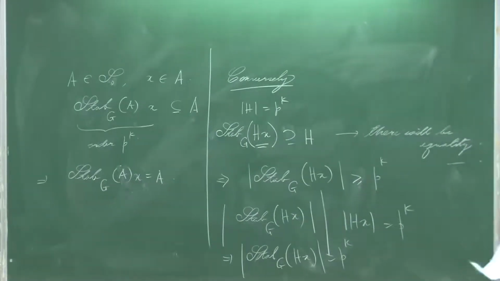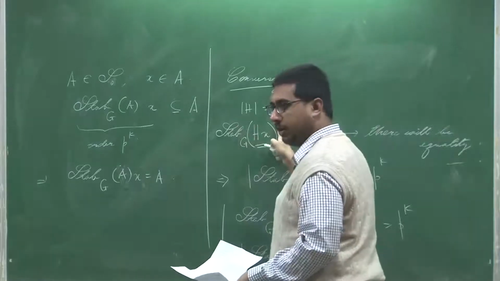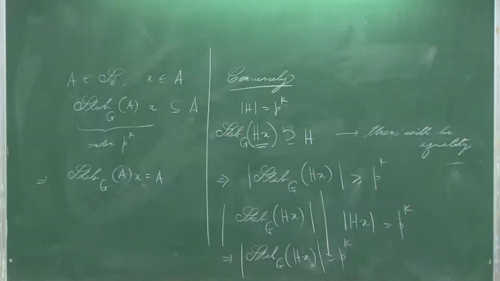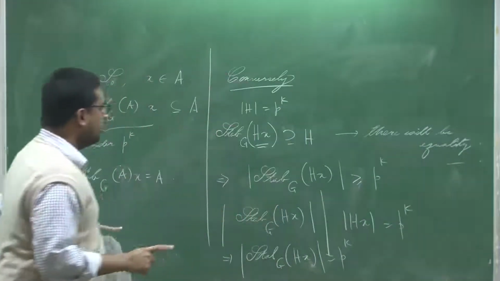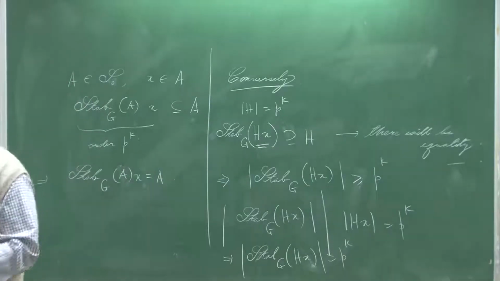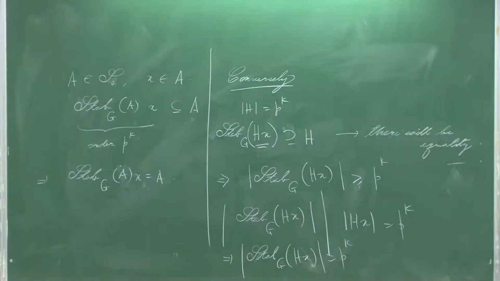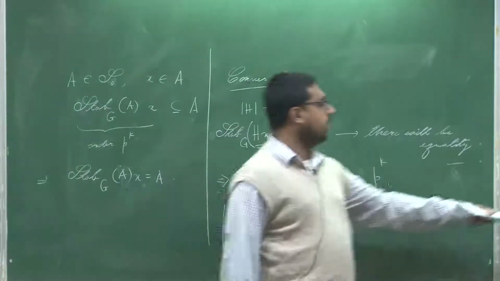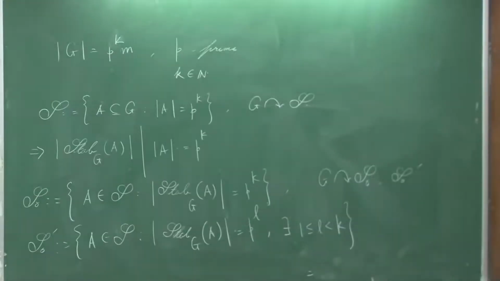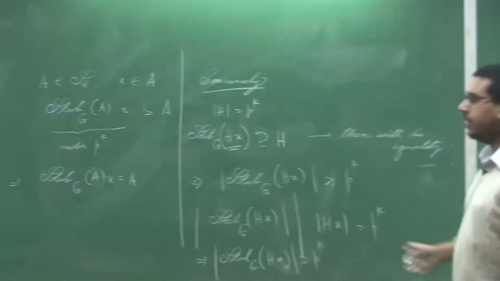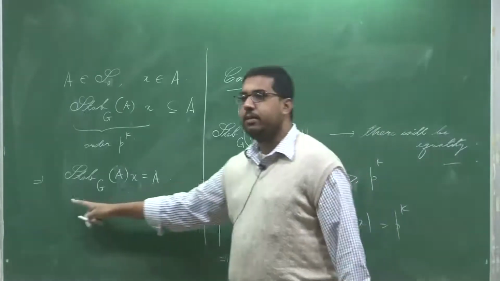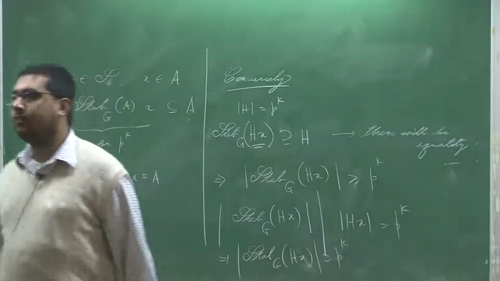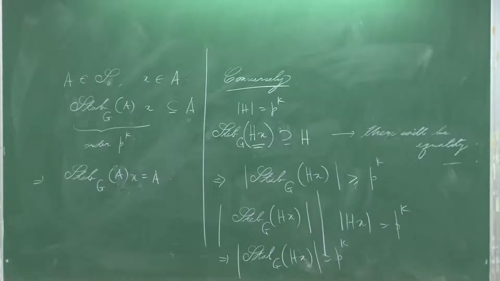So, what we have proved is that if H has order p to the power k, then every right coset of H lies in S naught. Let me summarize this. Whenever a subgroup of order p to the power k is given to us, any right coset is going to be inside S naught, and every subset belonging to S naught must be a right coset of a subgroup of G having order p to the power k.